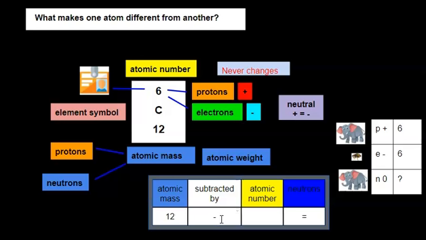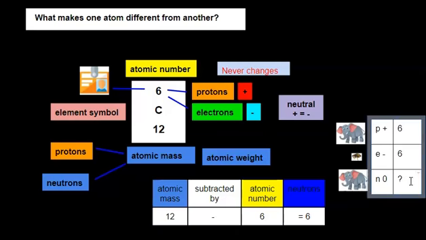And we subtract it by the atomic number, which is, in this case, for carbon, 6. And you great mathematicians out there, you know that 12 minus 6 is 6. So carbon has 6 neutrons.